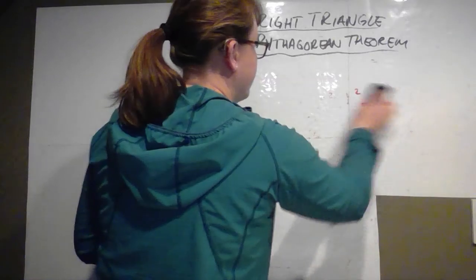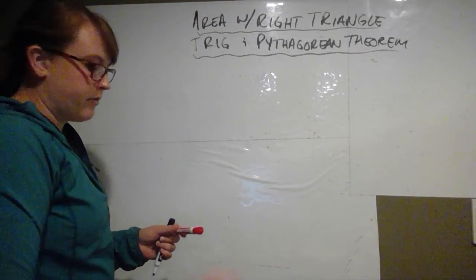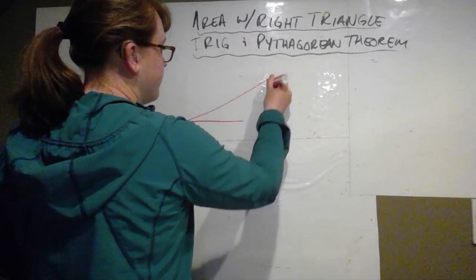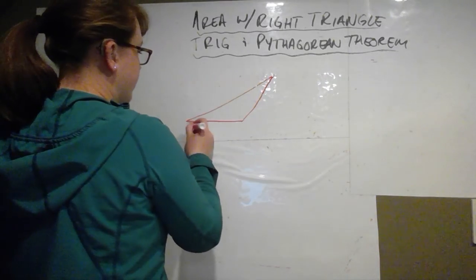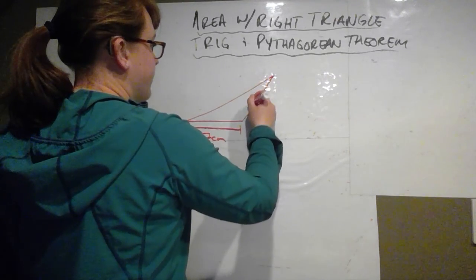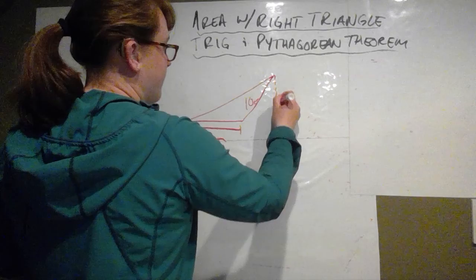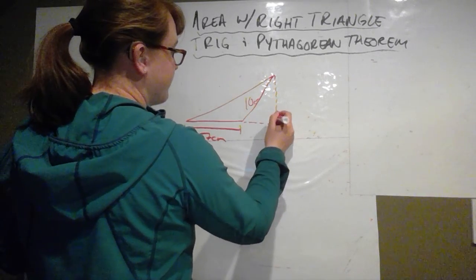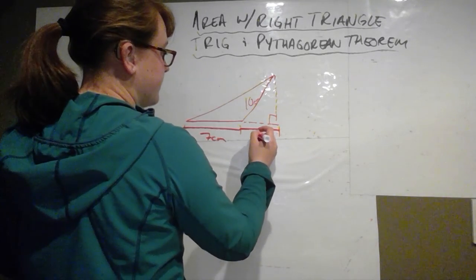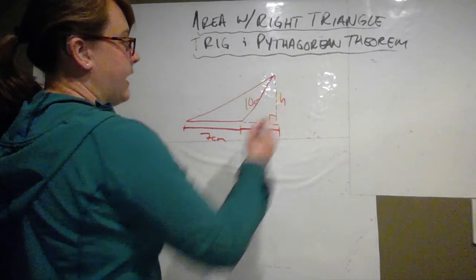Another one that you might see using Pythagorean theorem when it's not directly a right triangle, you could end up with a picture like this where you have a triangle and maybe you know that this base is 7 centimeters and you know this side is 10 centimeters, but your height, it's one of those situations where you had to extend the base a little bit and maybe you know that this is 8 centimeters and this is your height.